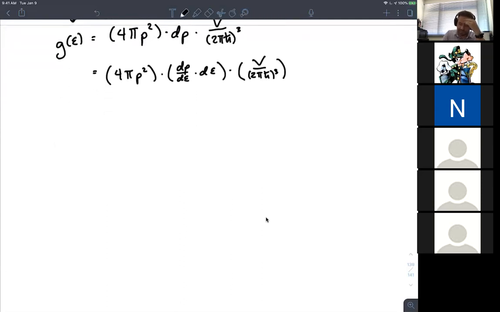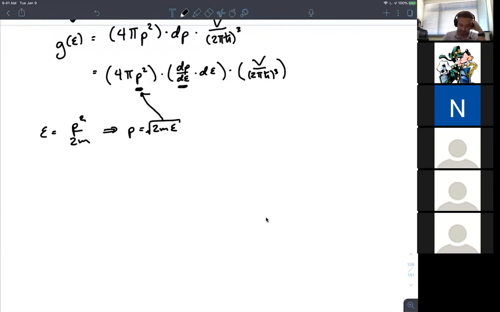Now I need to figure out what to do with this and what this is. That's pretty easy to do because all these things are free particles, and so the energy of my particles is just P squared over 2m. This tells me that P is equal to the square root of 2mE, which allows me to replace that with something expressed in terms of energy.